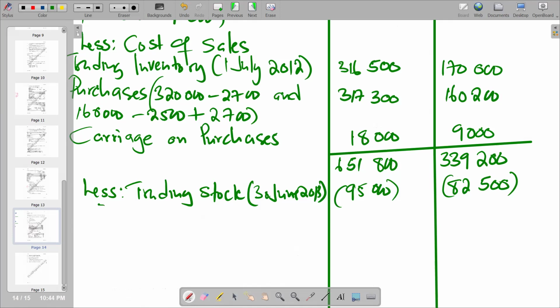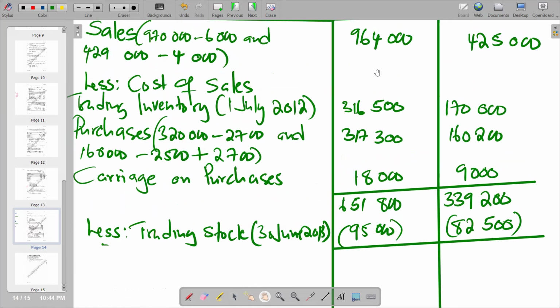And then we can close. After we have subtracted, remember our answers represent our cost of sales. By so doing, we are saying 651,800 minus 95,000.